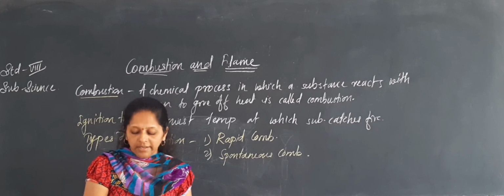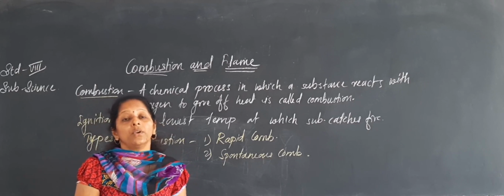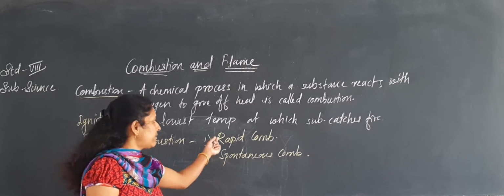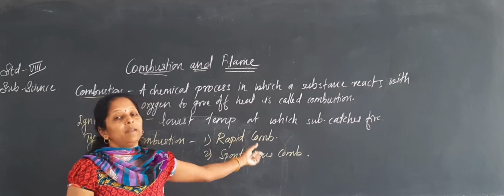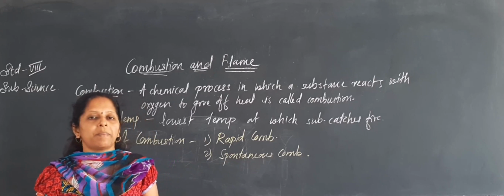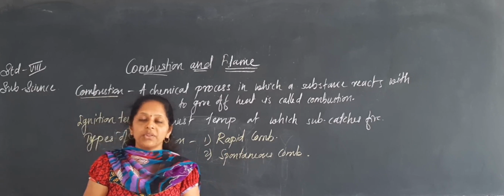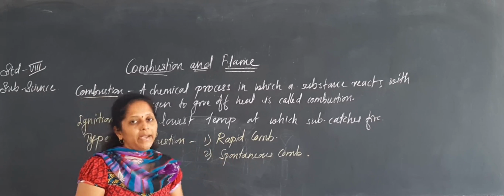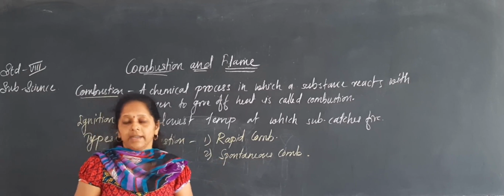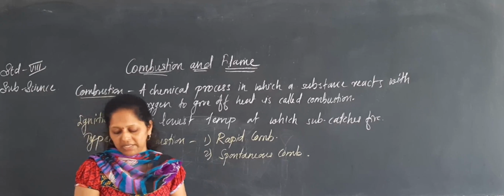So, rapid combustion is what we observe with LPG gas: combustible substances catch fire immediately and go on burning, producing heat and light. Some substances like phosphorus catch fire and burn in air at room temperature also.